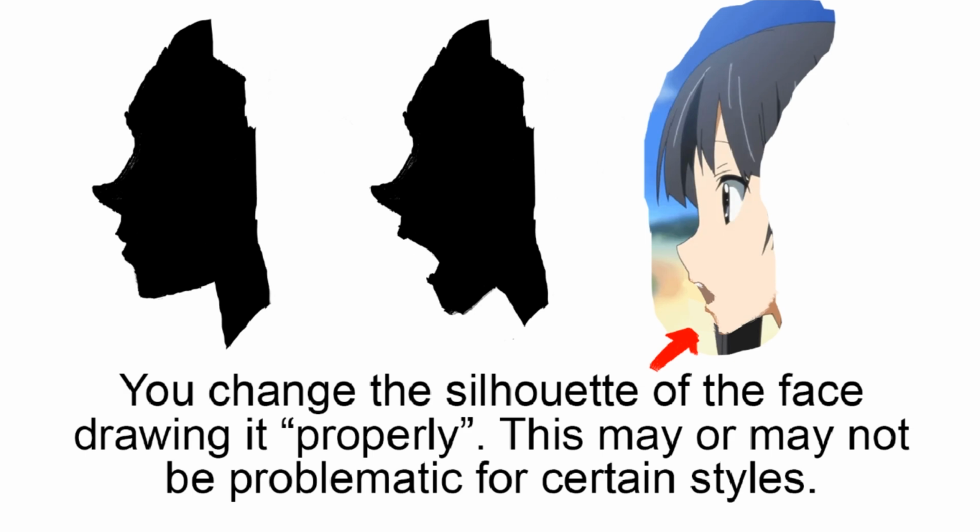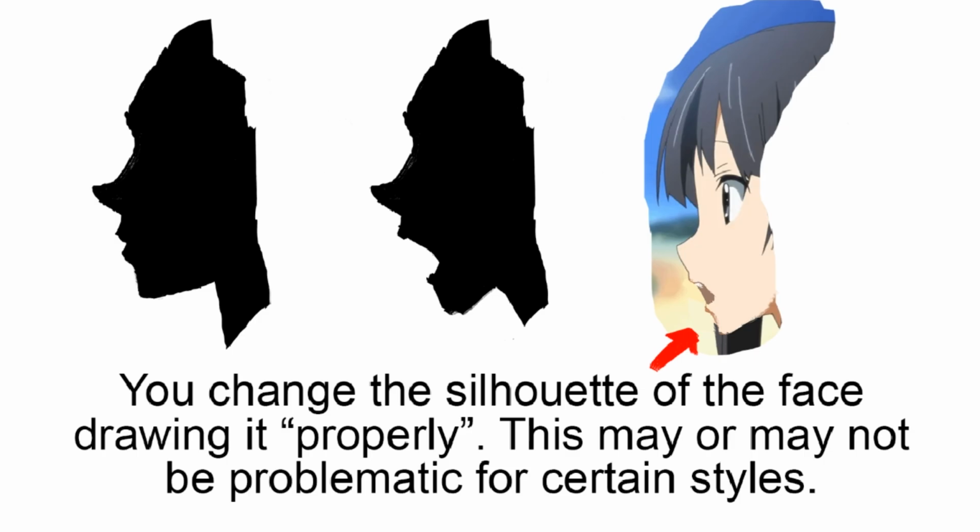Of course, drawing it properly will change the silhouette as I mentioned, and I gave you an example here. You can see that if I were to shoehorn the mouth moving for this character, you will create certain problems with their silhouettes. This is especially true with anime when you have all these wacky hair silhouettes and such.